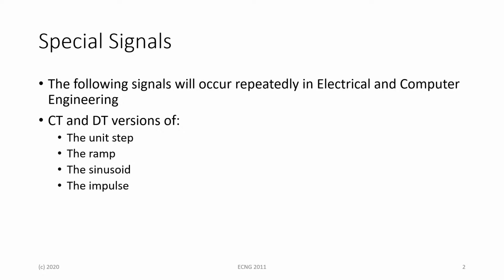So throughout the entire degree, you will always see these four signals reoccurring no matter what. And these four signals are going to be the unit step, the ramp, the sinusoid, and the impulse. And we'll be looking at each one of these in turn throughout this lecture.